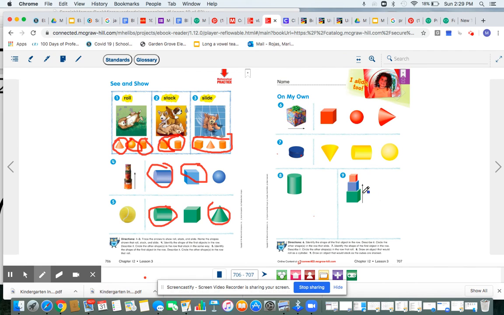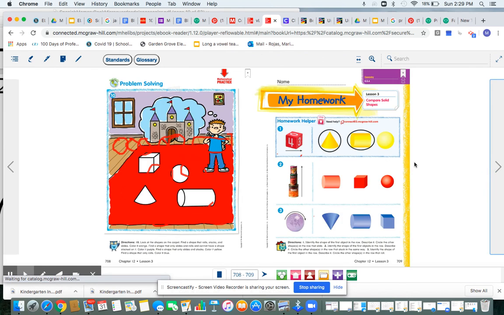So you can draw objects that are like cylinders that can stack up. And then here you can draw objects that are cubes that can stack up from your house. So look at your house for objects like this that you can use and draw it on your paper. Then you're going to go to the next page.